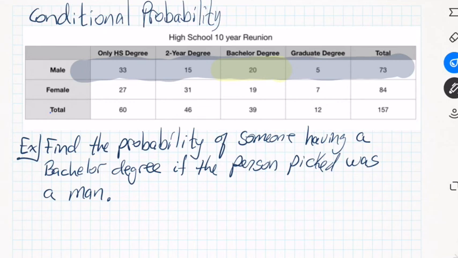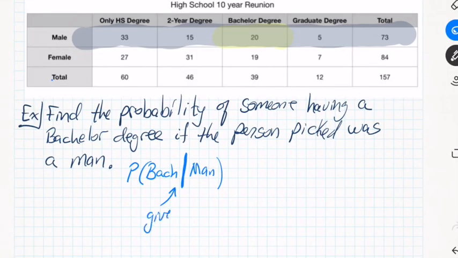So when we say what's the probability, and the way I'm going to denote this is a little strange, of a bachelor's degree, let's call that B, given that they were a man. So this weird line here is given that.